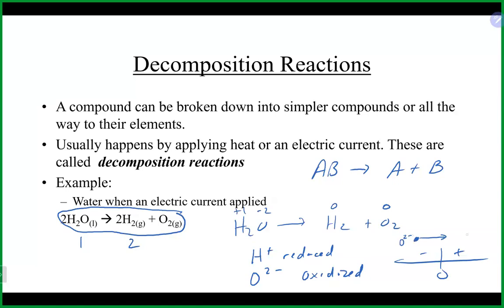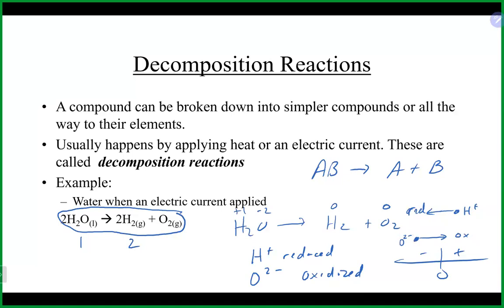So it's being oxidized. And it is the hydrogen that is going from +1 to 0, and it's being reduced. So it's really the opposite of what happens to those elements when they are going in the opposite direction. So that does make sense.